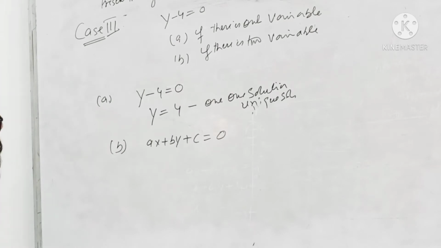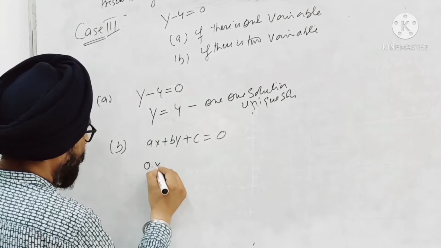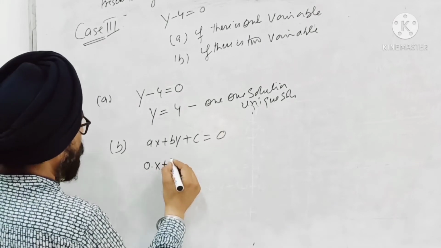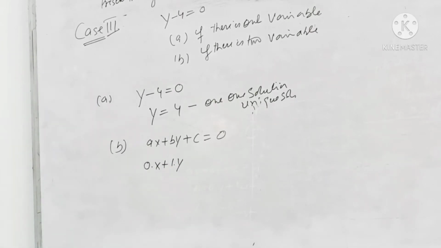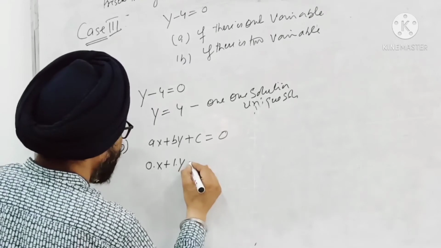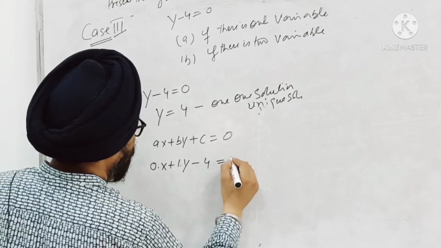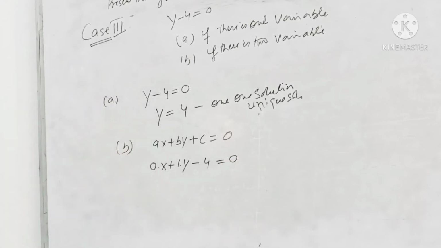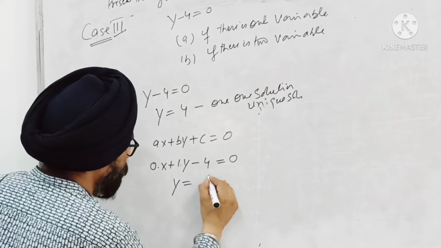As per the above example, y minus 4 is equal to 0. Here a is not given, we will treat it as 0. The coefficient of y is not given, we will take it as 1. So 0x plus y minus 4 is equal to 0. We will solve that y is equal to 4.